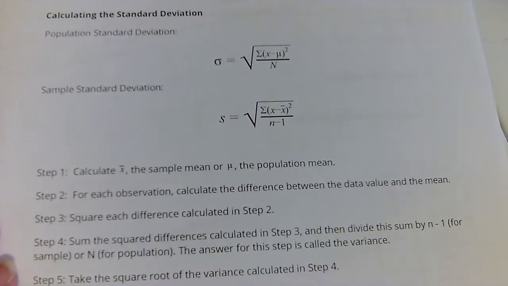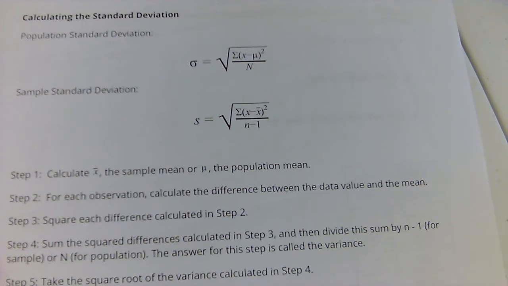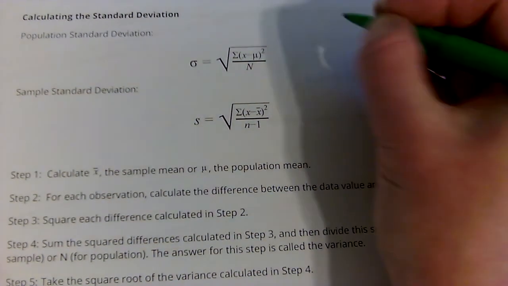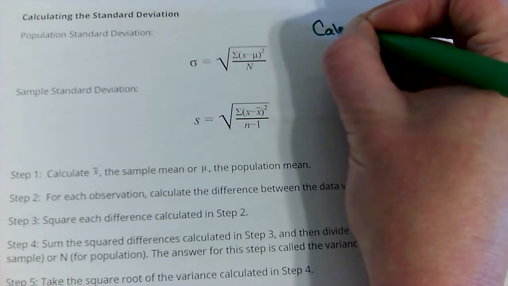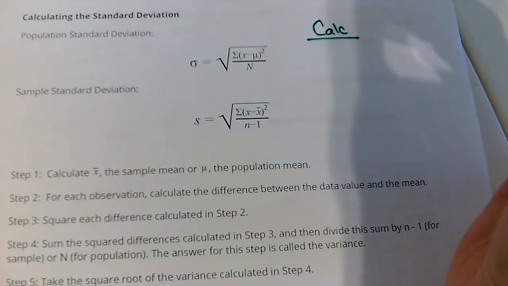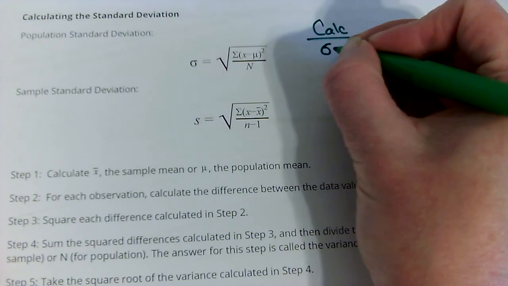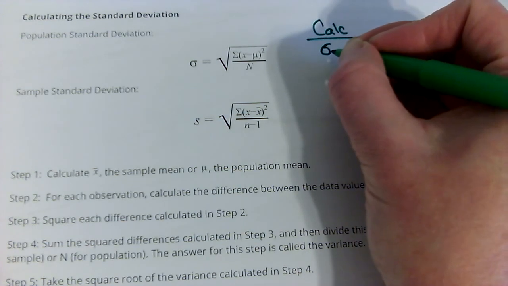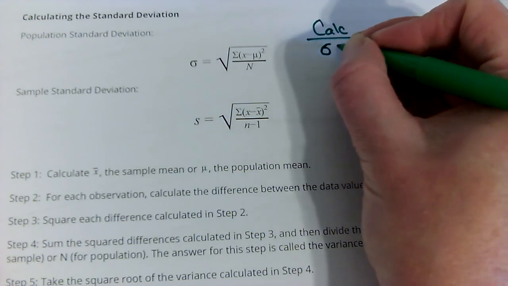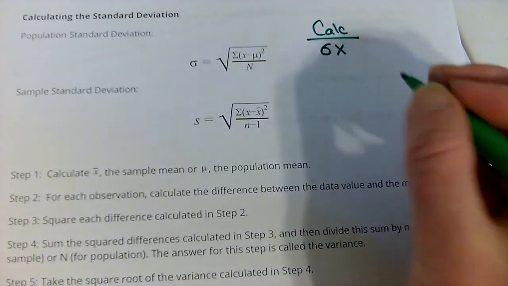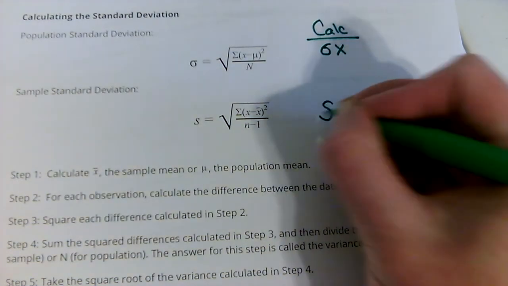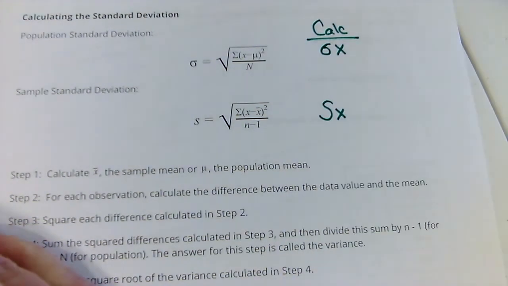Now, in my class, I'm fine with using the calculator for everything. And so both of these are found in the calculator in that one variable stat. This one has a lowercase sigma x, and this one has an s with an x.